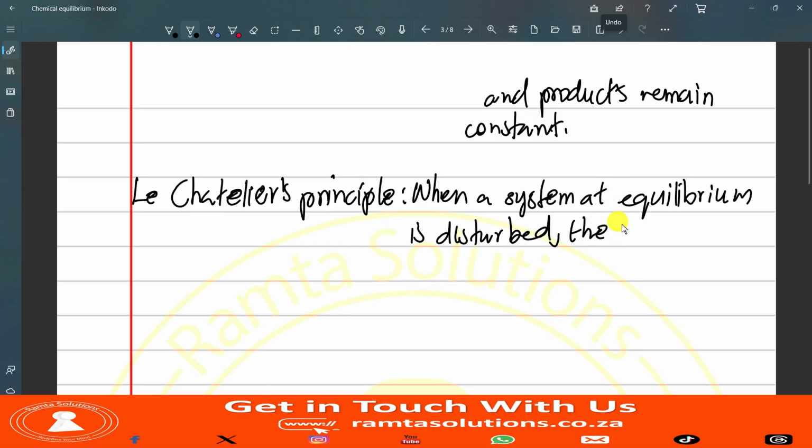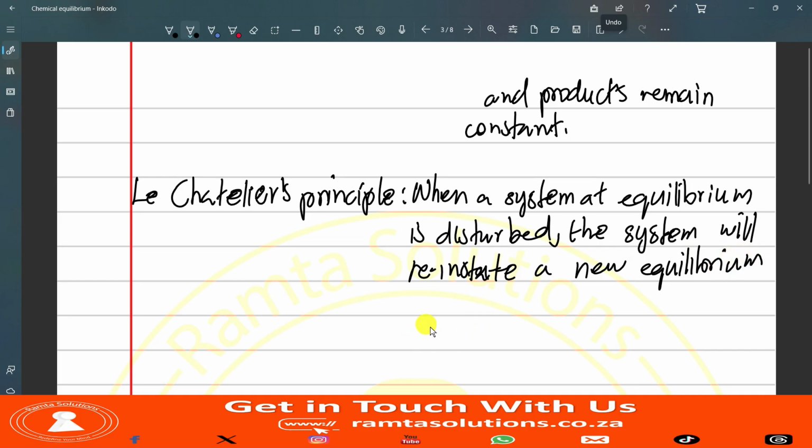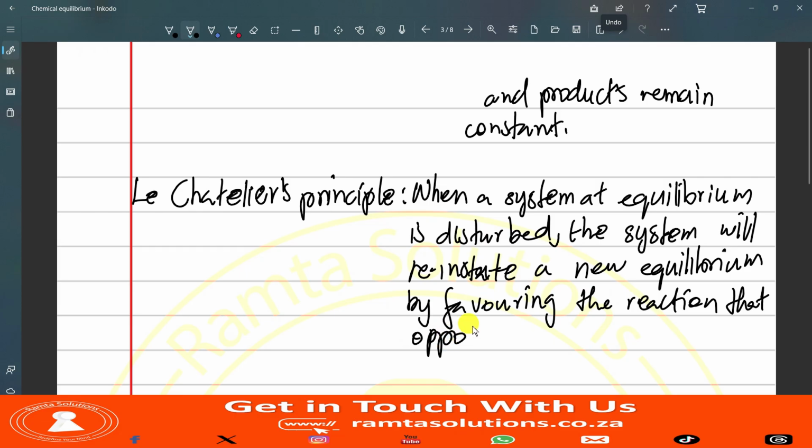Maybe let me use this definition: when a system at equilibrium is disturbed, the system will reinstate a new equilibrium by favoring the reaction that opposes the disturbance.